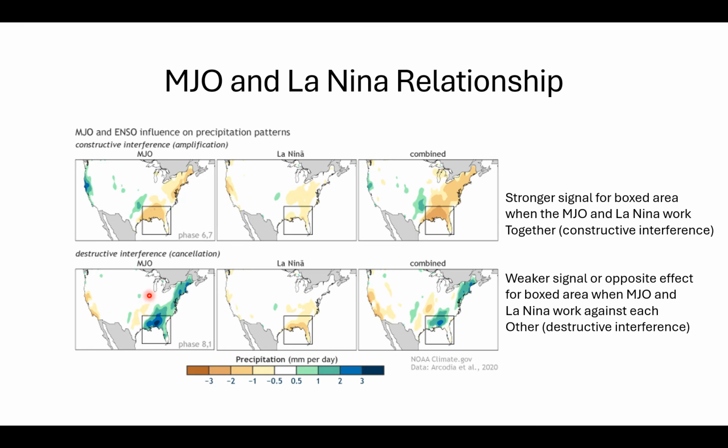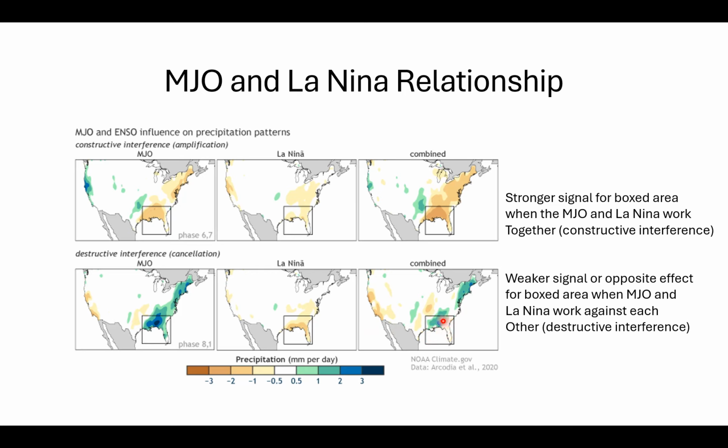What happens here in the bottom row though? We get MJO in phases 8 and 1, which is indicative of wetter than normal conditions along the Gulf Coast in this boxed area. And then we add La Nina into the picture. La Nina generally favors drier than normal conditions for the Gulf Coast. We add these two up: wetter than normal with MJO phases 8 and 1, drier than normal expected with La Nina conditions, and guess what?